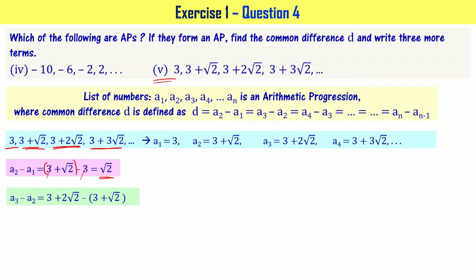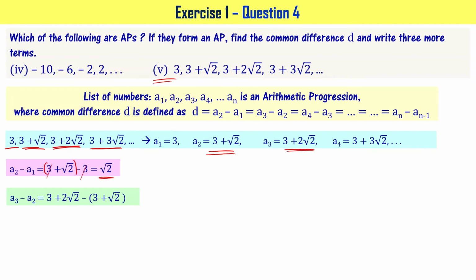Next, let's find A3 minus A2. That is going to be 3 plus 2 root 2 minus 3 plus root 2, right? I'm going to subtract 3 plus root 2 from 3 plus 2 root 2, right?